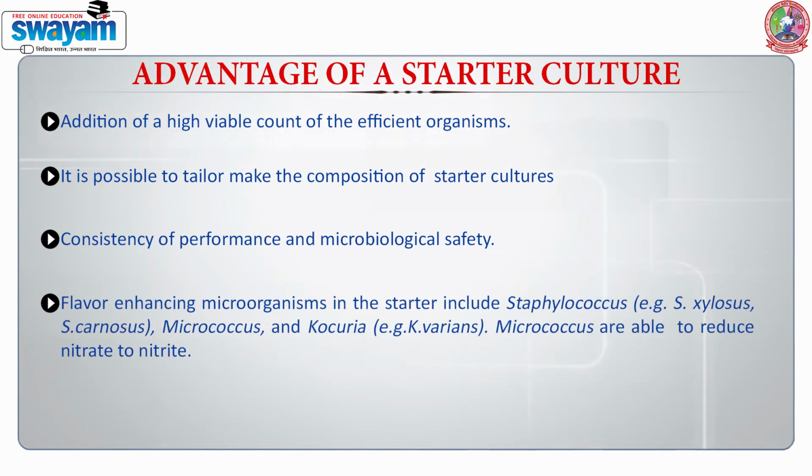They also enhance the flavor of the product, and the main flavor enhancing microorganisms in the starter culture are Staphylococcus species, Micrococcus, and Kocuria. Micrococcus are able to reduce nitrate to nitrite.